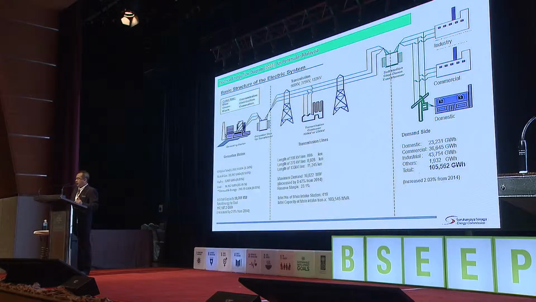Okay, so when you have this generation, you need an infrastructure. Currently, this is our infrastructure statistic. We have a 500 kilovolt line of about 860 kilometers, and then a 275 kilovolt line of 8,000 kilometers, and 132 kilovolt lines. And also our demand in 2015 is about 16.82 megawatt, and it keeps increasing year to year.